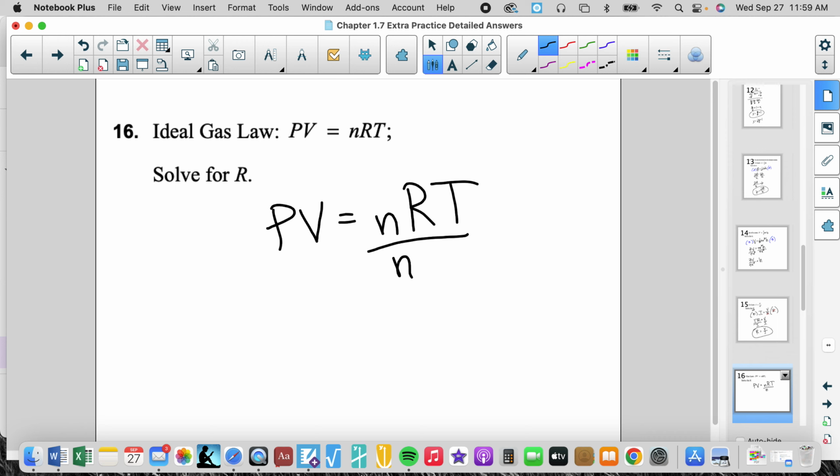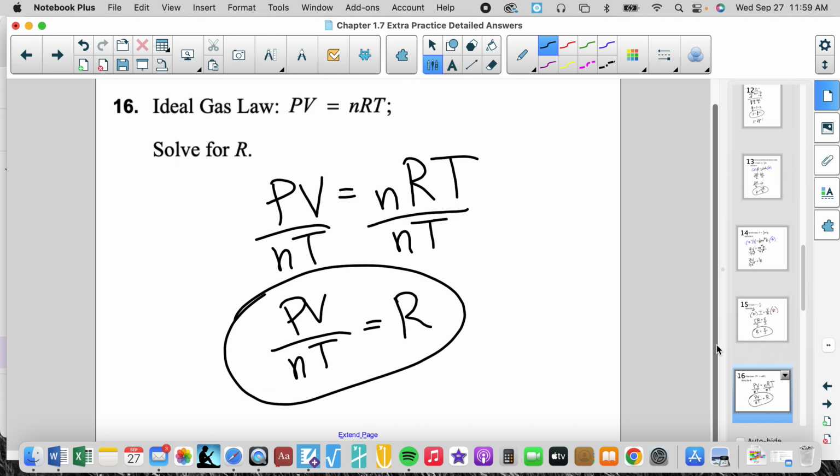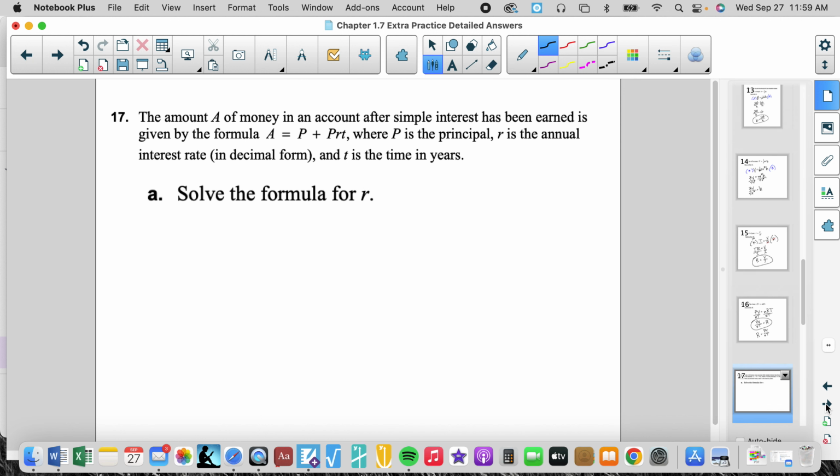We've got to get rid of the n and the T. So let's do it in one fell swoop. We can be efficient. As long as they're both multiplying, then we can both divide. So R, and we would probably write it, R equals PV over nT. We want to make sure that you're using lowercase and uppercase when dealing with it.